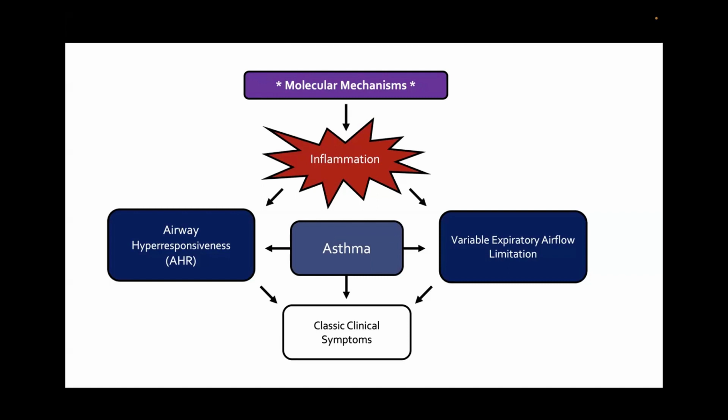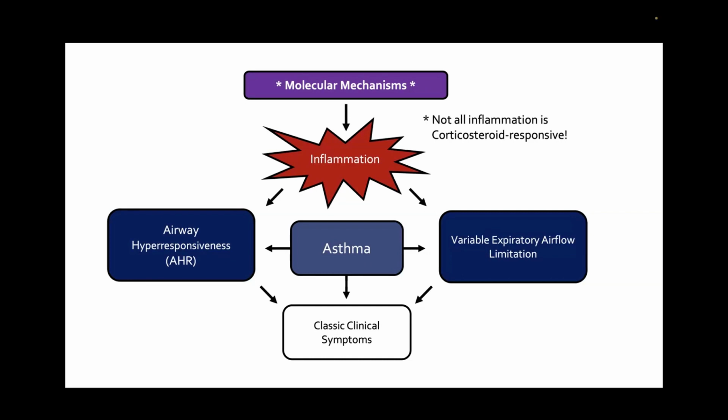But that's partly because it's more convenient to look there, especially in the periphery. This is directly looking at airway dysfunction in asthma, and that's what we've been focusing on. Our initial studies were about what makes you have airway hyperresponsiveness, and then we've been trying to relate this back to the endotype of asthma.